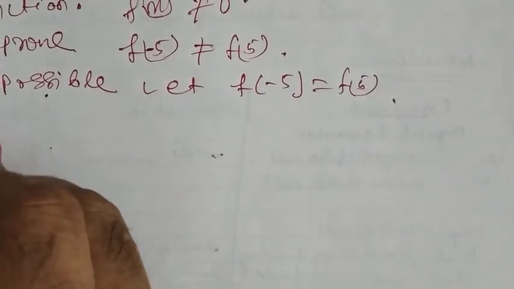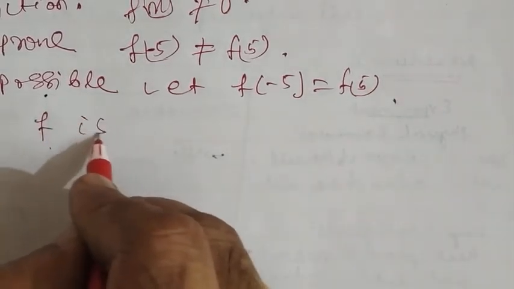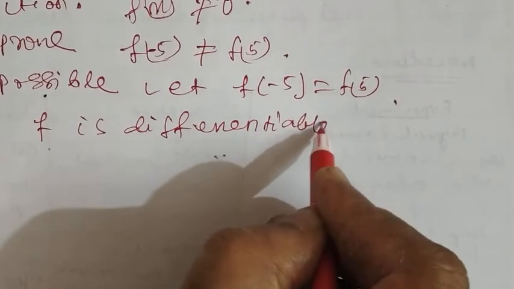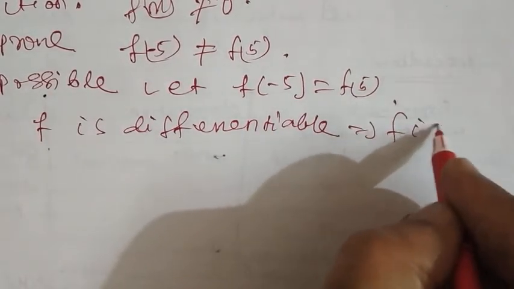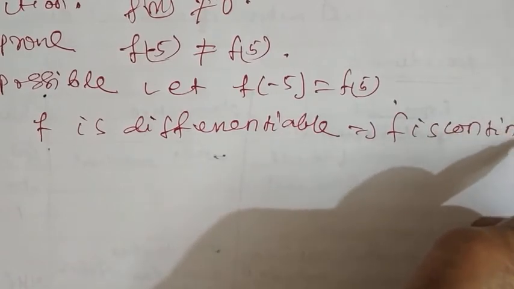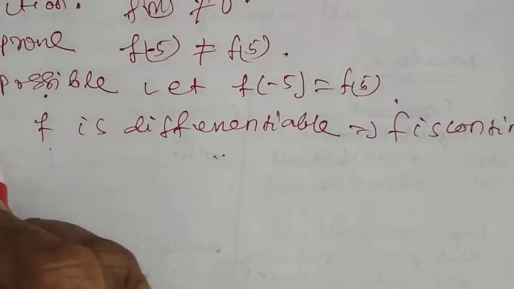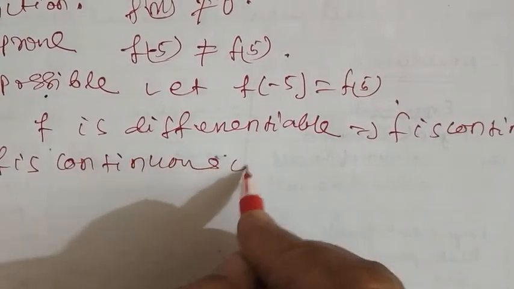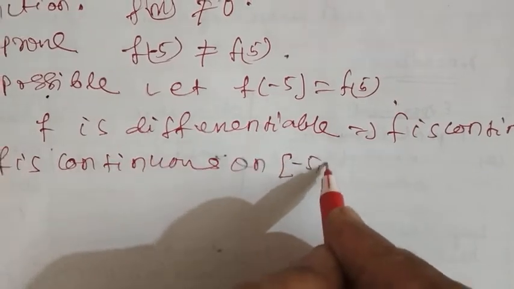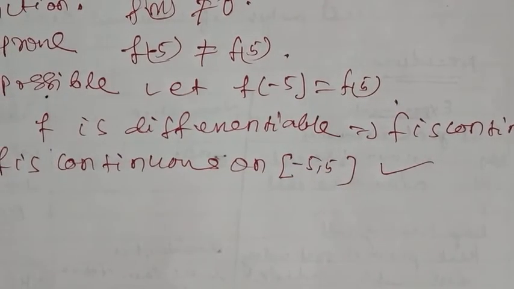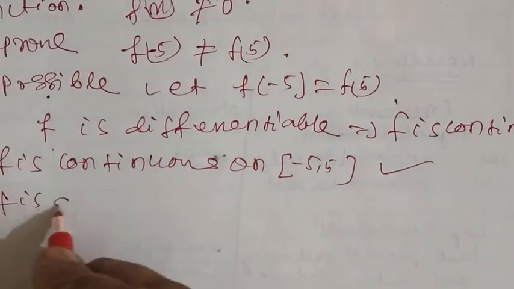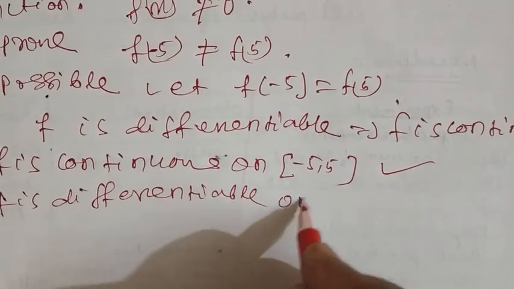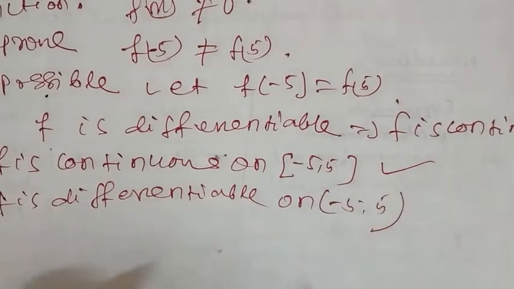Now, f is differentiable. That implies f is continuous. Therefore, f is continuous on closed interval [-5, 5] because f is differentiable. f is differentiable on open interval (-5, 5) because given it is.